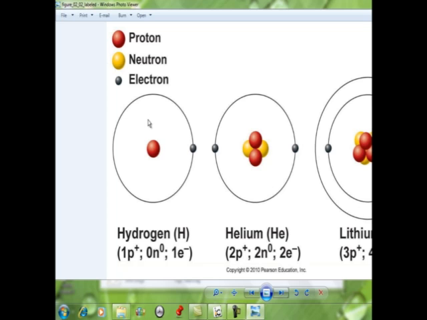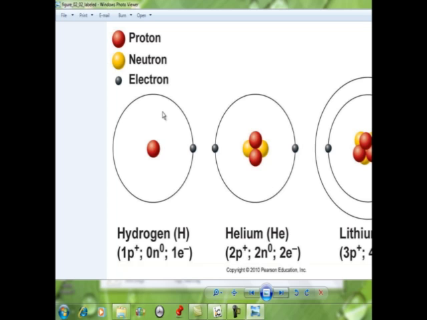Does anybody know what those numbers mean? Well, I'll let you know. Those numbers have to do with how many electrons are in the outer shells of the elements that are in those columns.